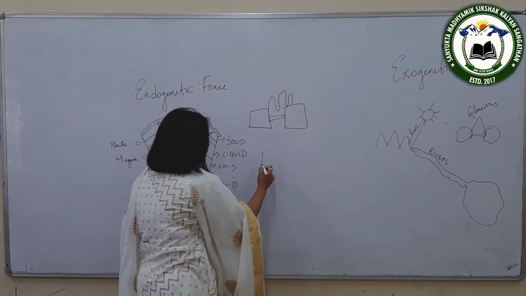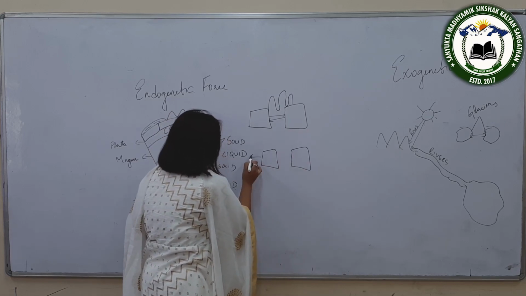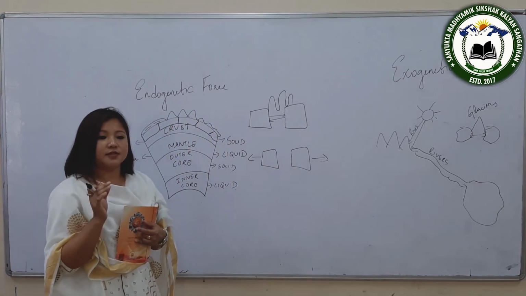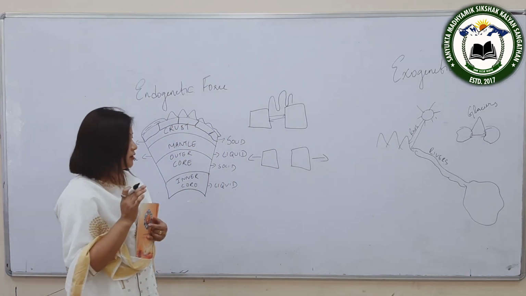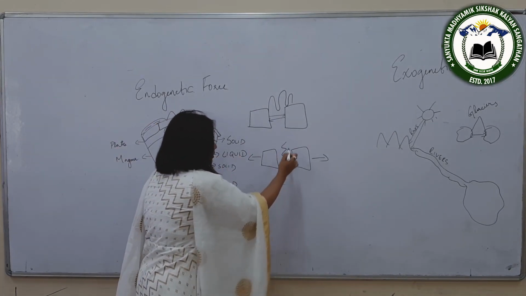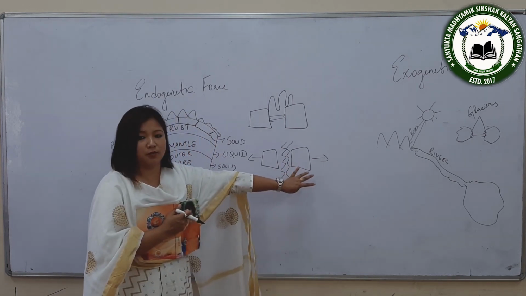When the two rock blocks move apart from each other, there is the creation of tension. The creation of tension tends to create fracture or rupture between the two rock blocks.